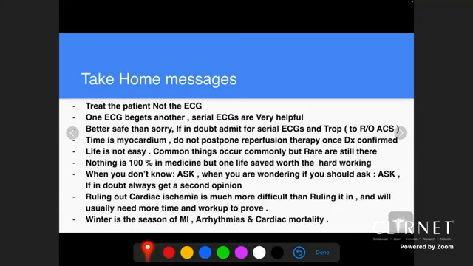Because even a patient with STEMI can sometimes present very early with a normal ECG, and the ST elevation will show only on serial ECG. Sometimes also a patient in cardiogenic shock, his ECG looks normal or there are non-specific changes, but based on the scenario, he's having severe chest pain, then he became shocked. You will activate the cath lab based on the clinical picture, not the ECG. So always treat the patient, not the ECG.